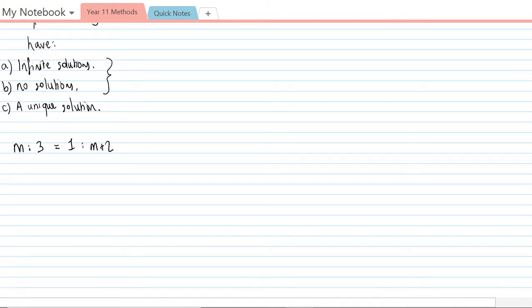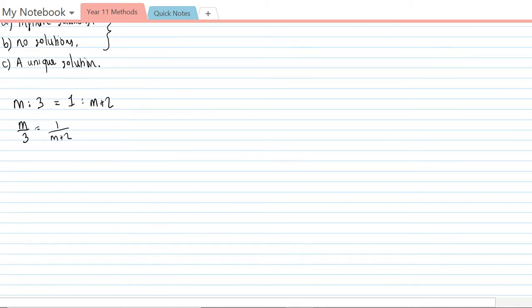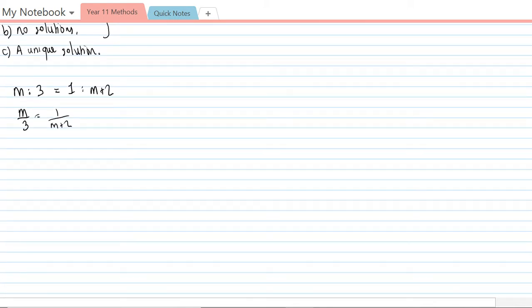Just in case you're wondering, the 1 is coming from right here, the number in front of x. Okay. Now remember that the ratio sign means divide. So this is really m over 3 equals 1 over m plus 2. And so this is just an equation that we can solve now. I'm going to use a bit of cross multiplication. So m times (m plus 2) equals 1 times 3, which is just 3.